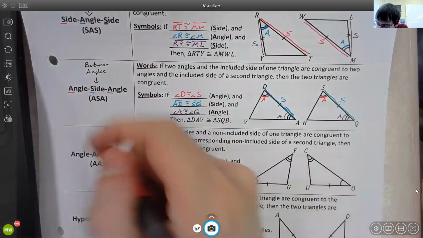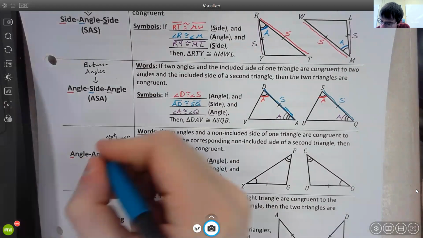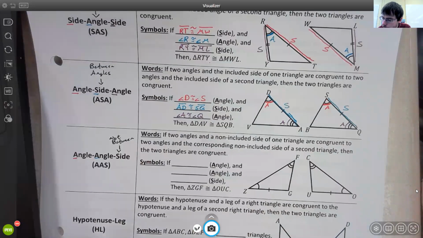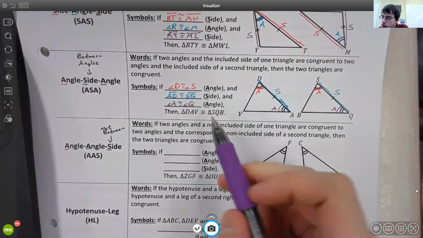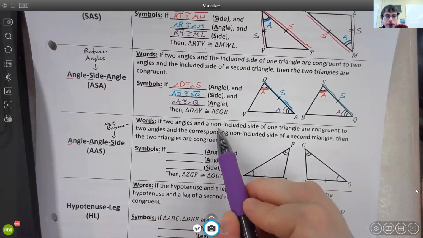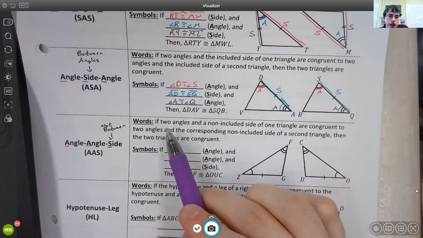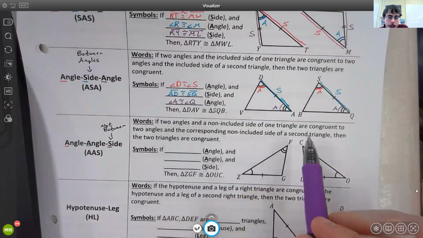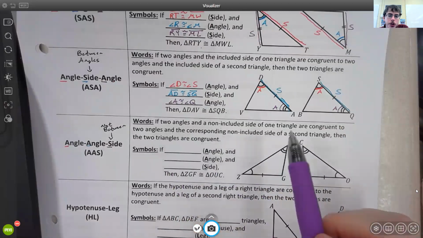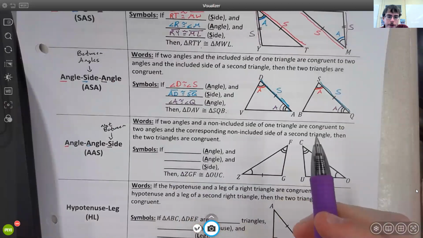So we have our angle and side. And here it says if two angles and a non-included side, so the side's not between the angles, of one triangle are congruent to two angles and the corresponding non-included side of a second triangle, then the two triangles are congruent. So we go angle, angle, and then side, okay?